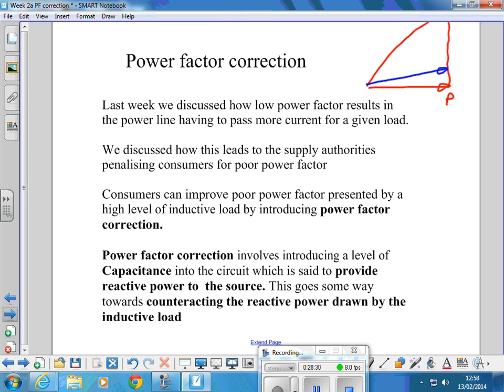And in a series resonance circuit, which you don't come across too often, but we cover that in electrical principles. If you remember, you can get some very, very high voltages produced across the capacitor and the inductor when you experience resonance.